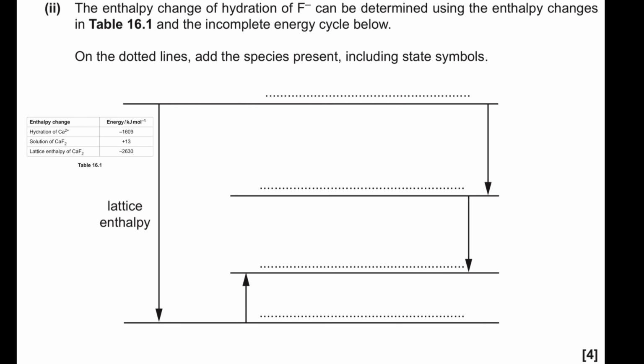So the lattice enthalpy is when the solid is formed from its gaseous ions. The solid forming is CaF2 solid, and the value for that is -2630, as given in the table, and it's forming from its gaseous ions: Ca2+ gas plus 2F- gas.